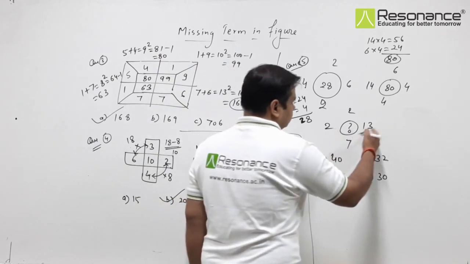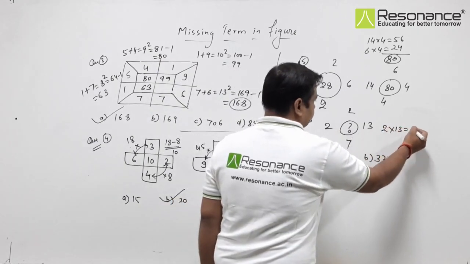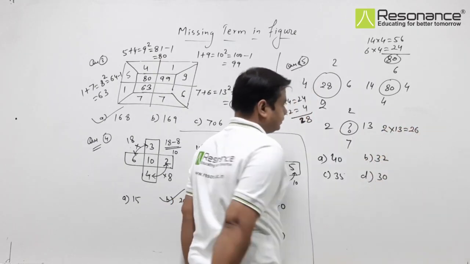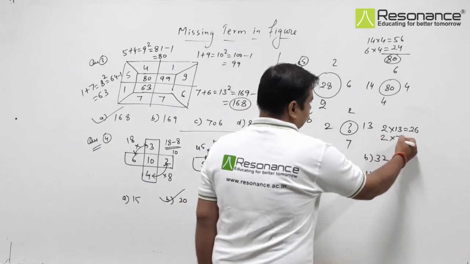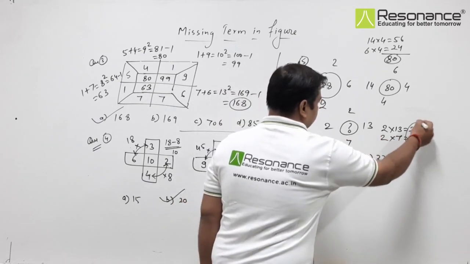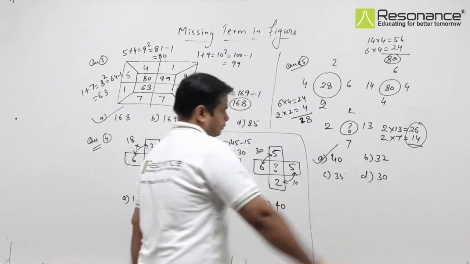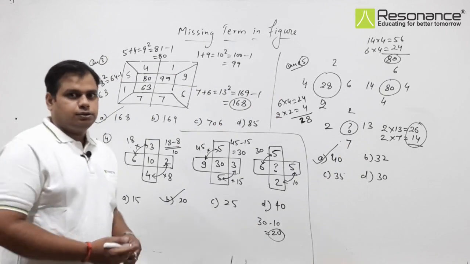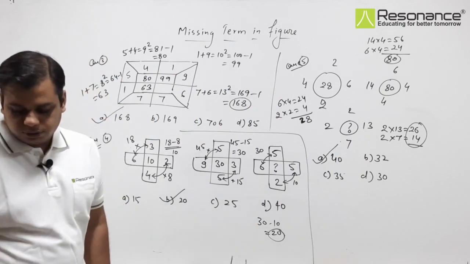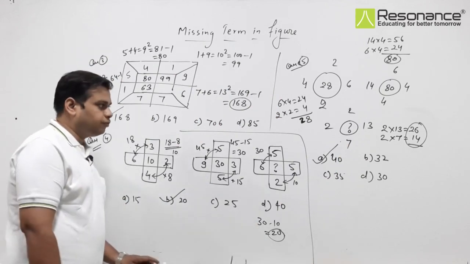Next, 2 13s are 26, 2 7s are 14, 26 plus 14 is 40. So this is how we have to solve the question.